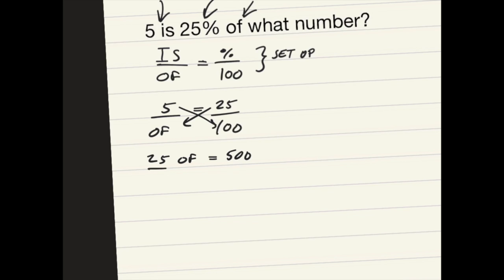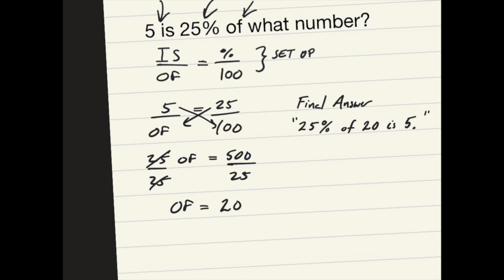I can divide by 25 here, and I can divide by 25 there, and what that leaves me with is of. And of is equal to 500 divided by 25. So 20 is the value. So your final answer, 25% of 20 is 5.